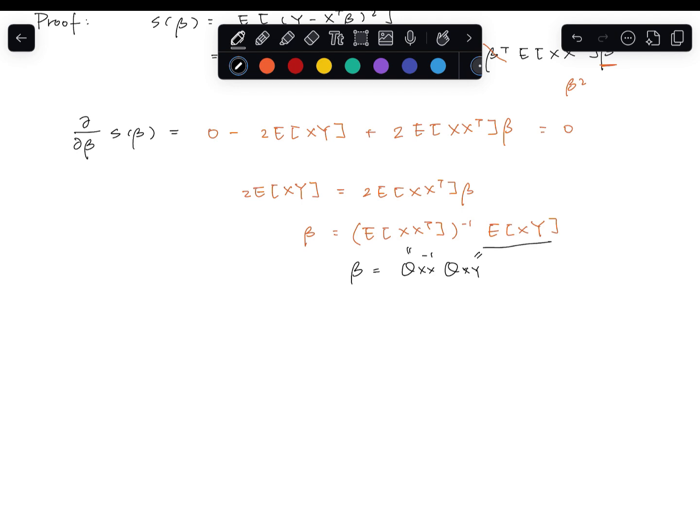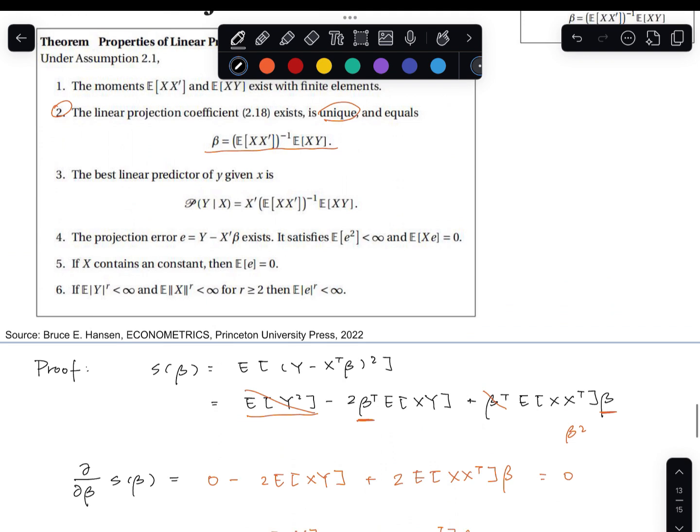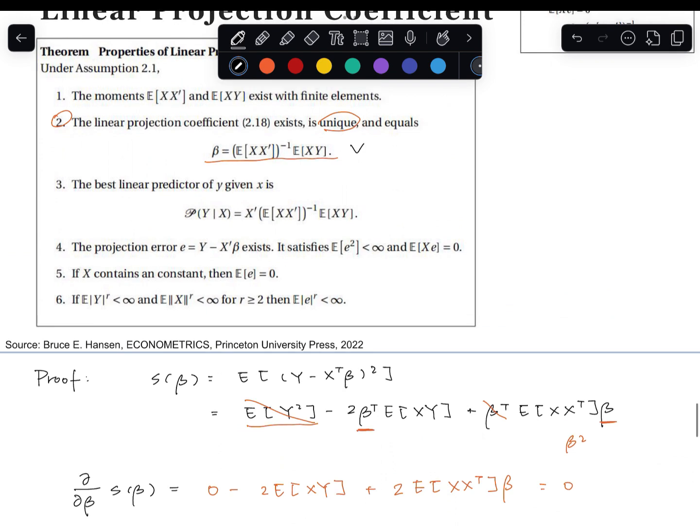And here Qxy is a k by 1 matrix, and Qxx is a k by k matrix. And then we know that beta is also a k by 1 matrix. And we have done the proof. It's just the same thing.